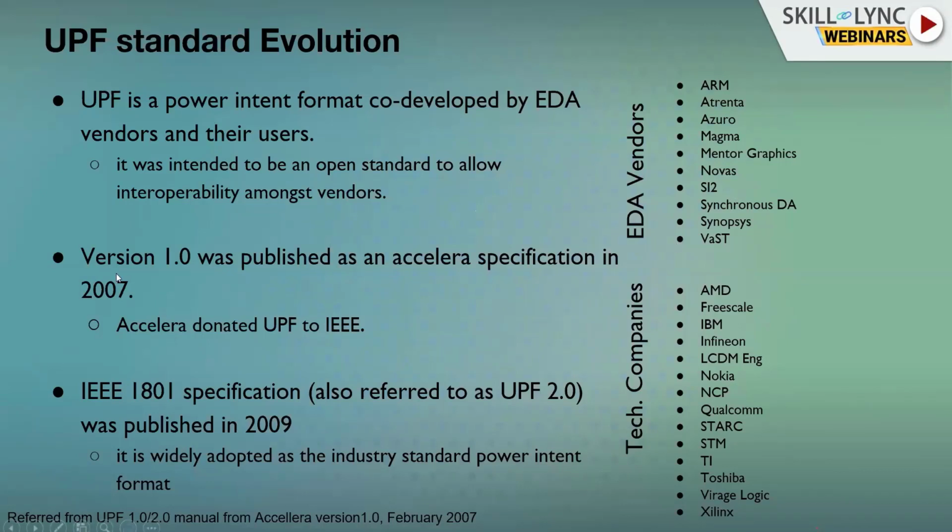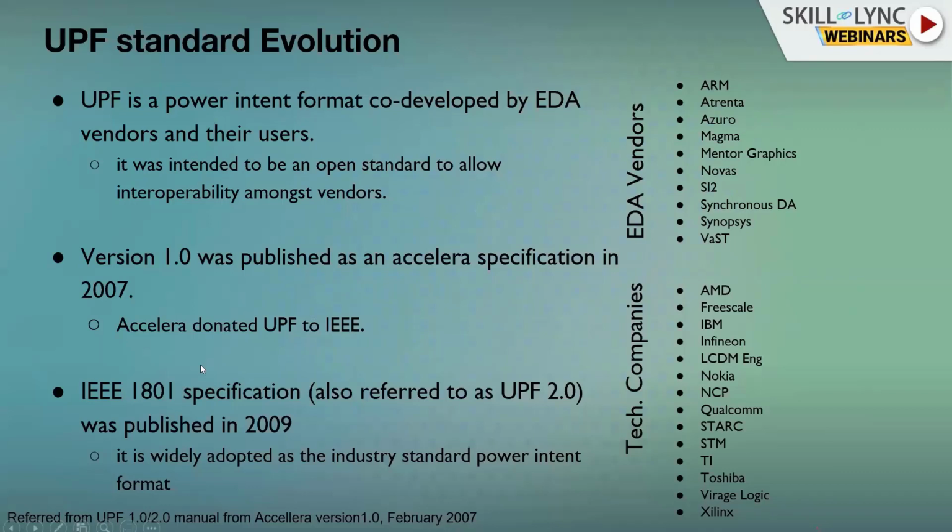Then, version 1 was published by the Accellera specification in 2007, and this was donated to IEEE also. Then IEEE 1801 is the version of the format, also referred to as UPF 2.0, which was published in 2009, and it is widely adopted in the industry as a power intent format.